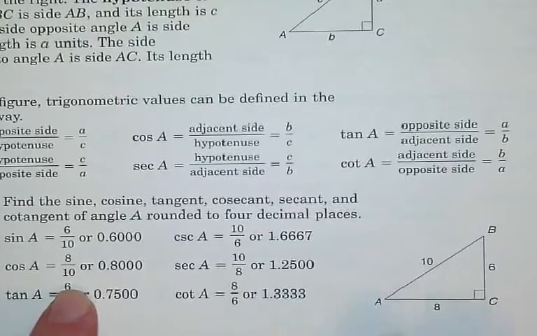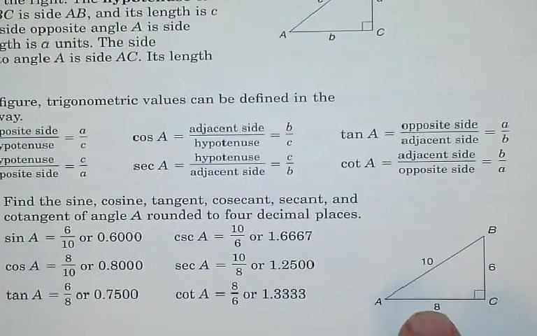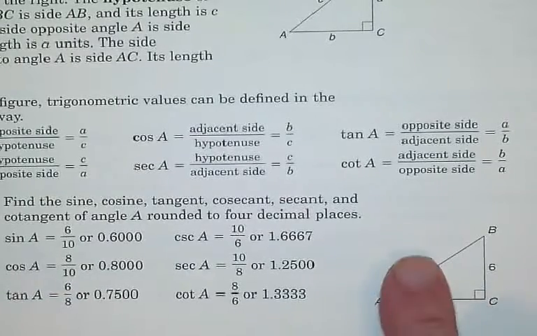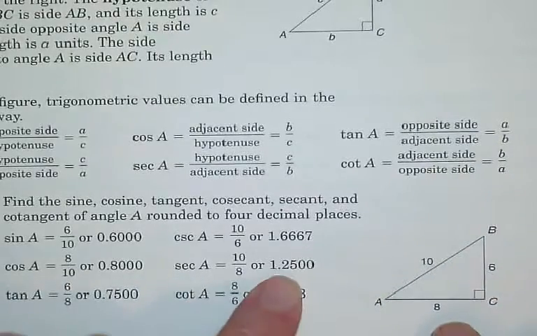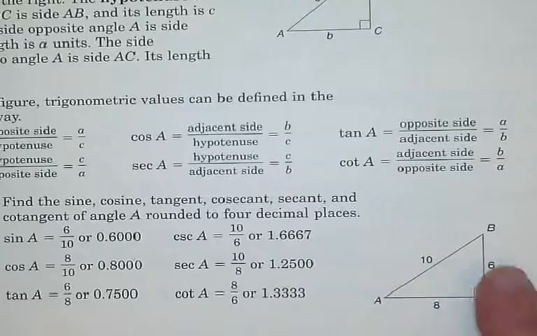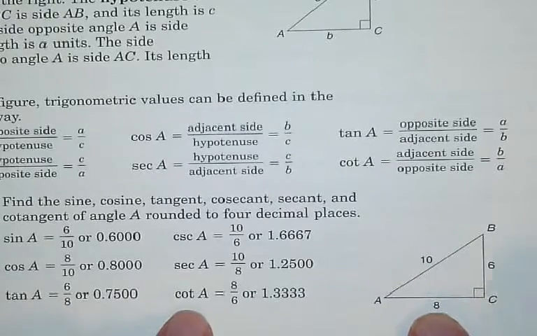The cosine is adjacent over hypotenuse, so 8 over 10. What's the secant? It's got to be 10 over 8. And then the tangent is 6 over 8. The cotangent would be the reciprocal, 8 over 6.